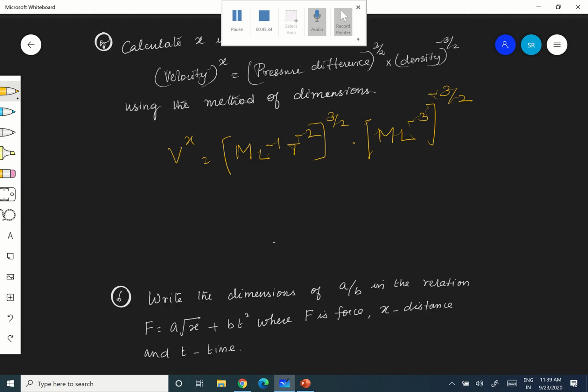Therefore, now consolidated, V power x is equal to M power. What is M power here? Here it is minus 3 by 2.